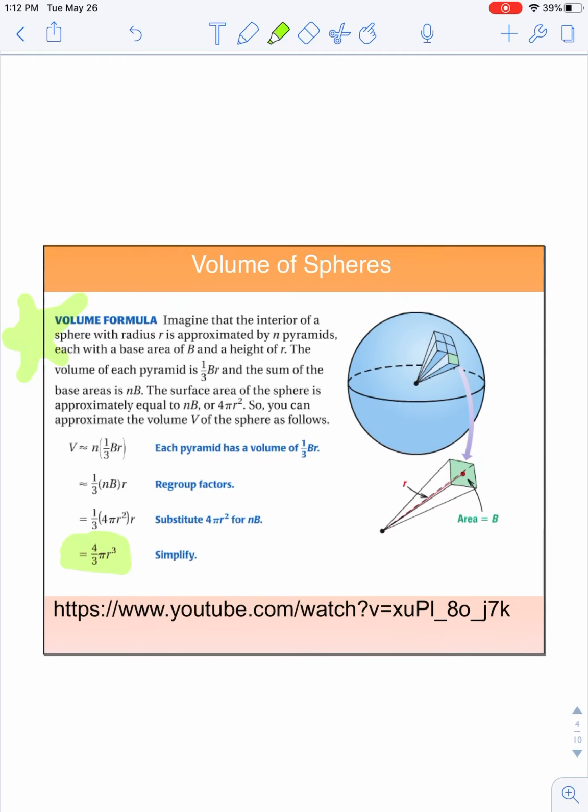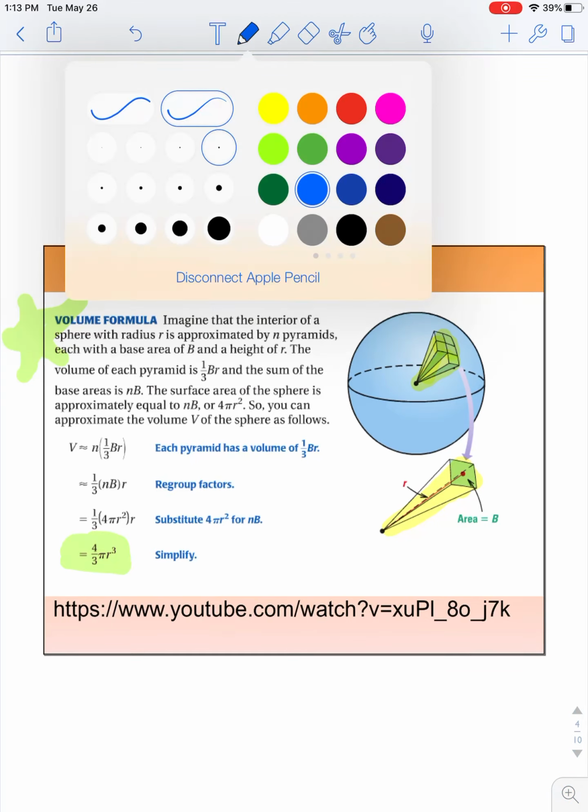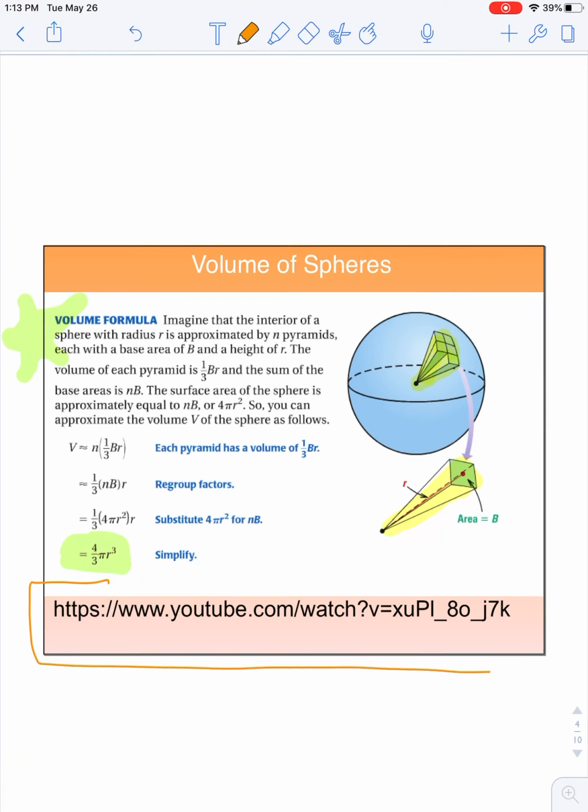It's based on the fact that you could take a sphere and make up a bunch of pyramids where the vertex is the center of the sphere, and you're going out and you have all of these flat little surfaces. All of those pyramids combined, here's a bigger drawing of it, make up the surface area. This video down here, I would also cut and paste into a browser because it's pretty deep, but it's pretty cool.